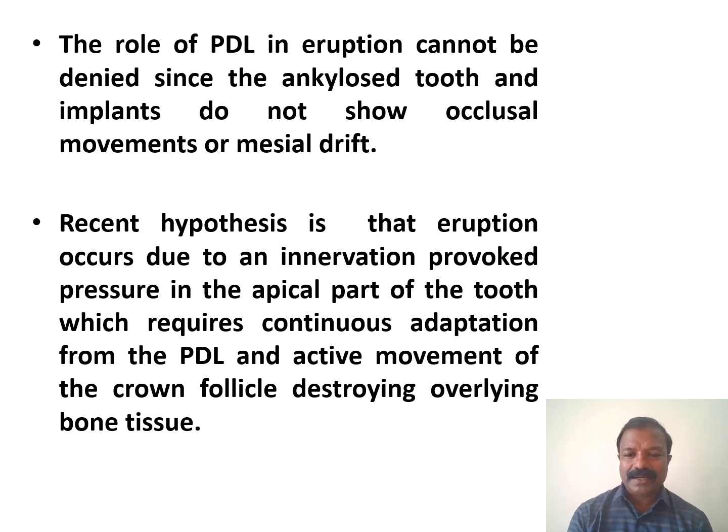So this is the recent concept regarding tooth eruption. It's a hypothesis which states that eruption occurs due to an innervation-provoked pressure in the apical part of the tooth, which requires continuous adaptation from the periodontal ligament and active movement of the crown follicle, destroying overlying bone tissue.